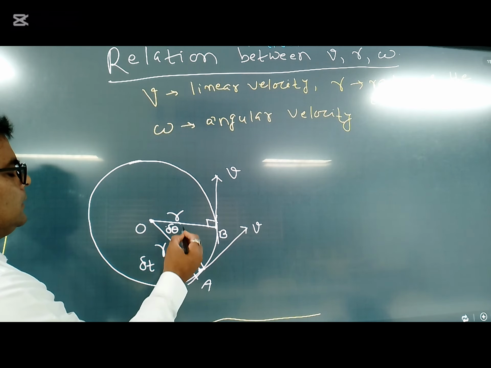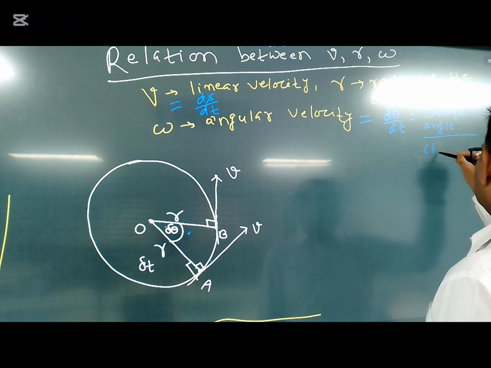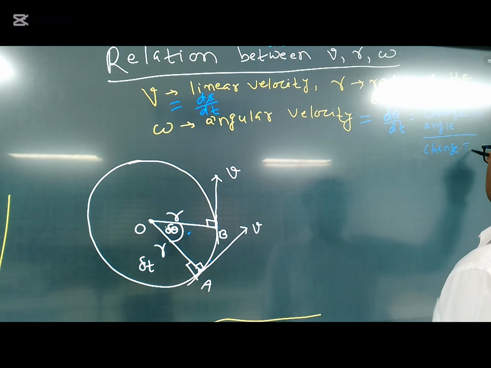This is defined as delta theta by delta t, in general d theta by dt, that is, change in angle by change in time. The rate of change of angle is defined as the angular velocity omega.